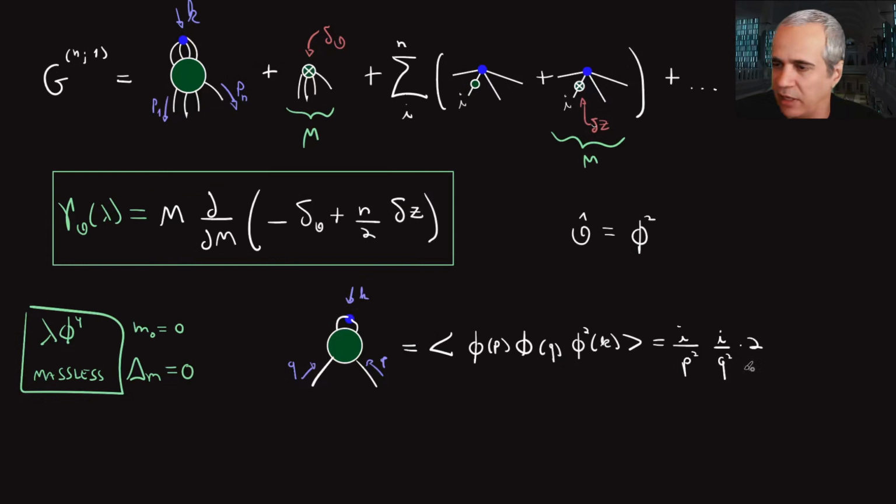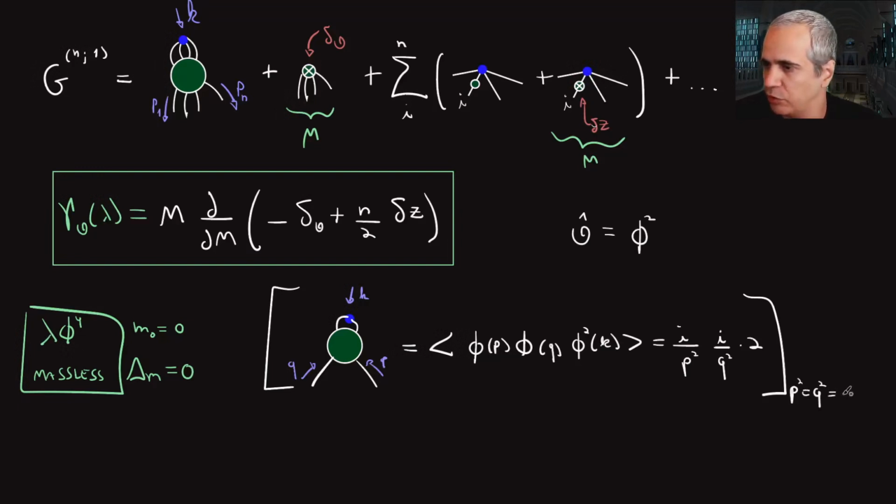This does not depend on k, because I can impose that this is true, right, without corrections, because this would be true at leading order, but now I can think of what happens once I put loops everywhere here. But I can demand that this whole thing is equal to just what you would get at leading order at a particular point, right? So p square equals q square equals k square equals minus m square. So this becomes now a renormalization condition.